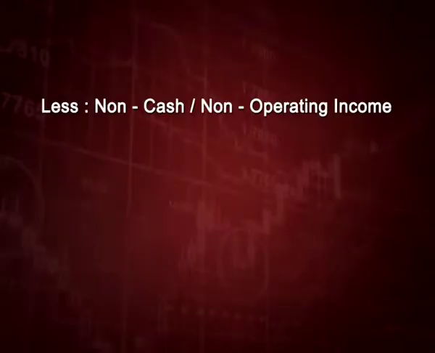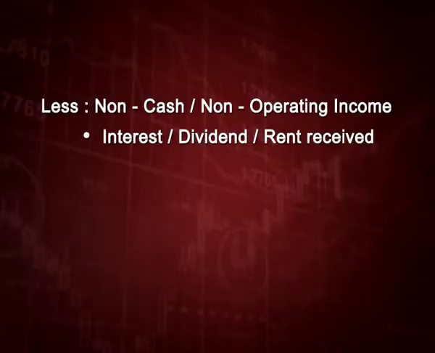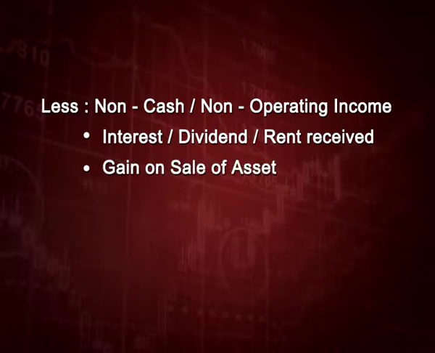Then we have to subtract all those non-cash and non-operating incomes also, which are not related to the business part and which are not cash, like interest, dividend, rent received, and the gain on sale of asset. Now, gain on sale of asset is a non-cash activity and non-operating also, because selling the assets is not our business.